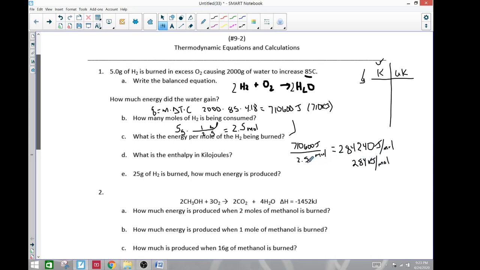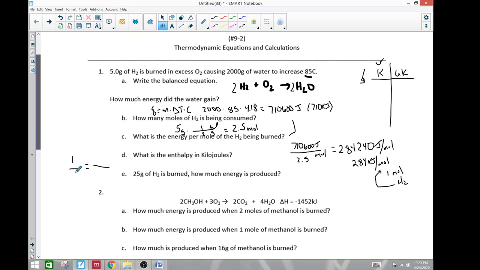So, okay. What is the enthalpy in kilojoules? Now for this particular reaction, this is the amount of energy when 1 mole of hydrogen is burned. So we could do a ratio here like this.